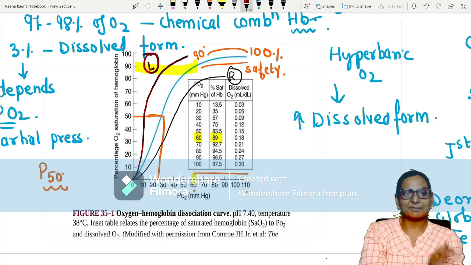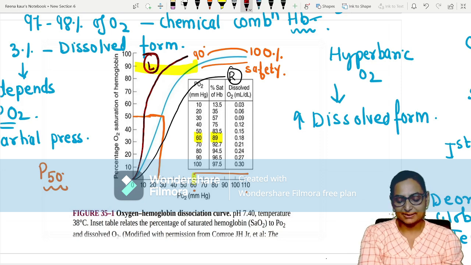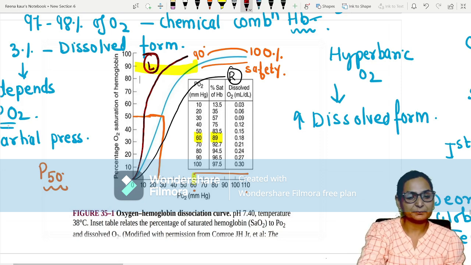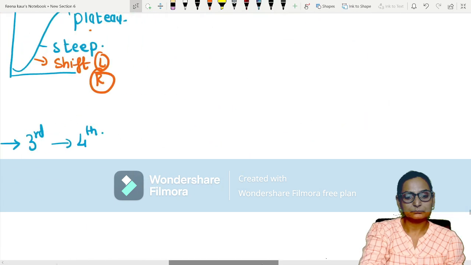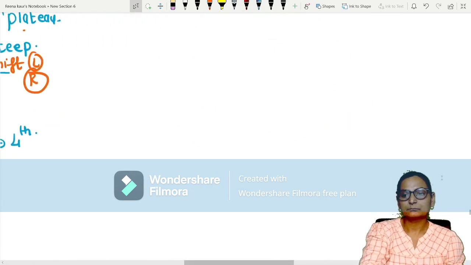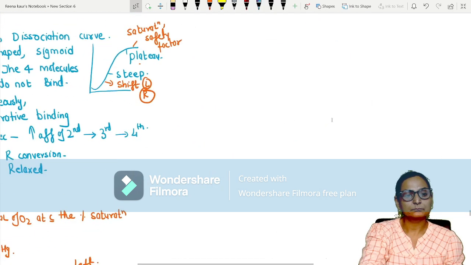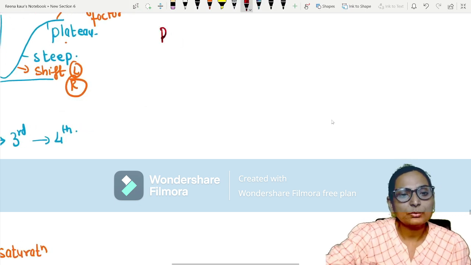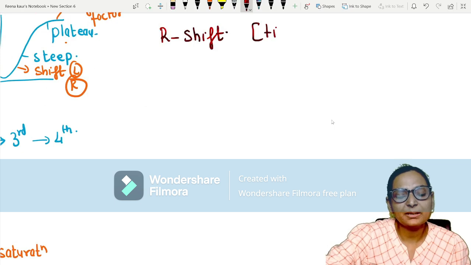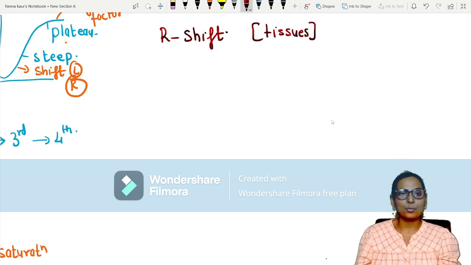Right shift and left shift. What do you mean by this now? If you remember right shift like this, it will be at the level of tissues. It is going to be easy for you to understand if you understand like this.